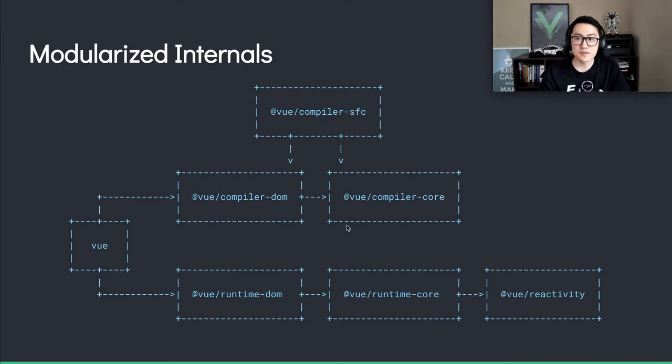The modularized internals now split the Vue internals into separate packages. So now if you install Vue 3 from npm, you'll notice that it actually has dependencies on @vue/compiler-dom and @vue/runtime-dom. Each box here is actually a separate package, but in the repository, they're all put together in a single repository as a monorepo.